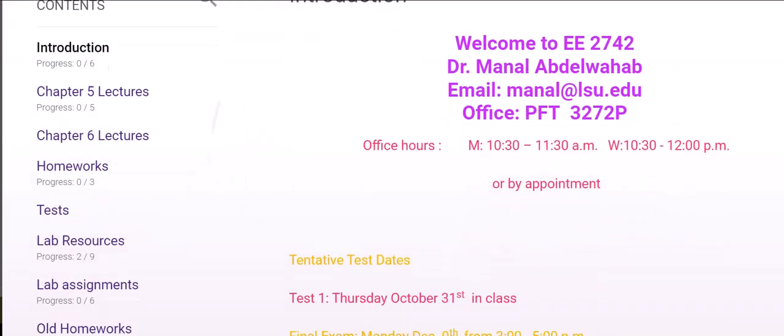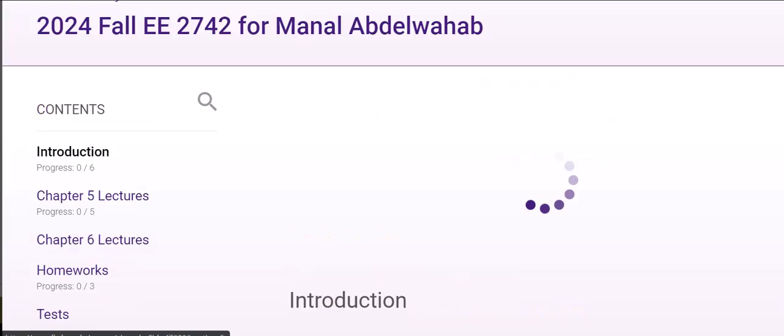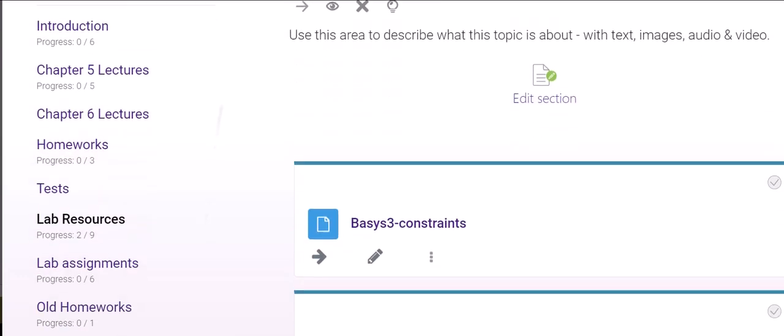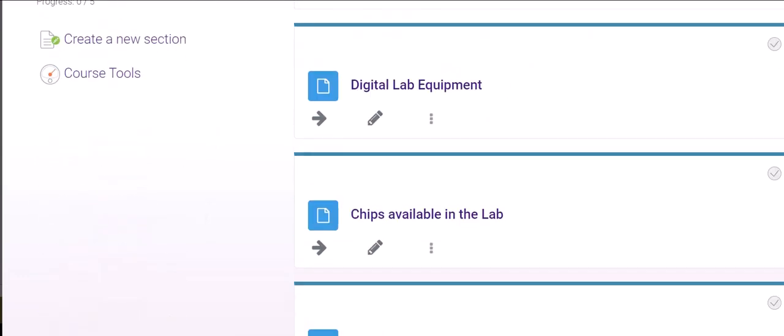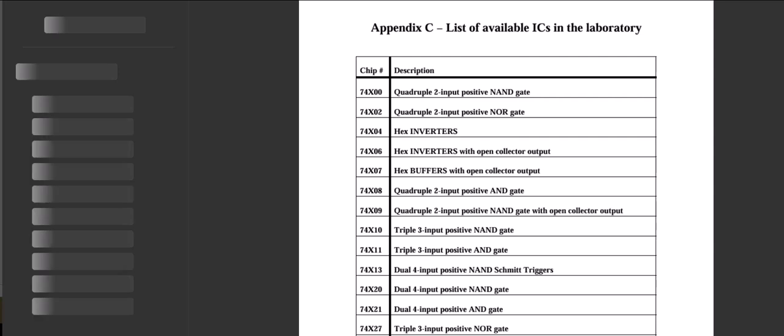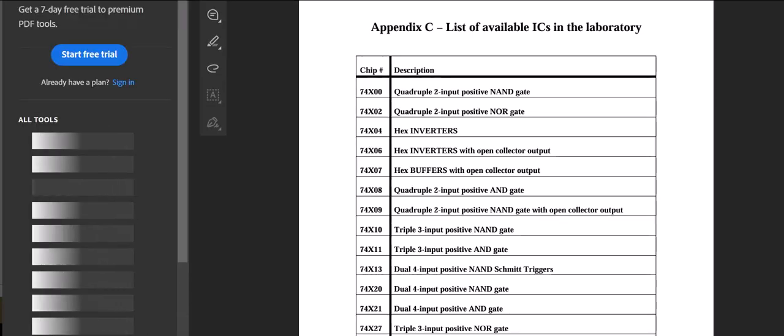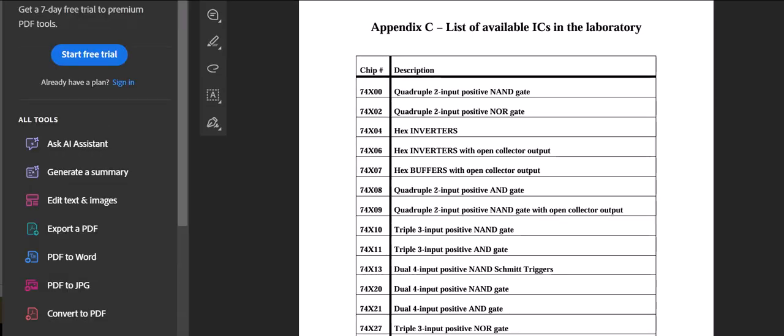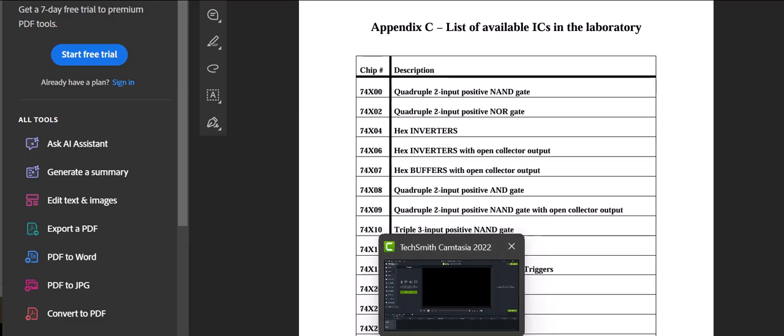Okay. So I'm going to go to Lab Resources, and in Lab Resources, I have chips available in the lab. The only thing you need to check, of course there are AND gates and of course there are OR gates, is that there are some 2 input ones, and there are. So the inverter is the NOT gate. That's 74X04, and I think SL is what X is for y'all.